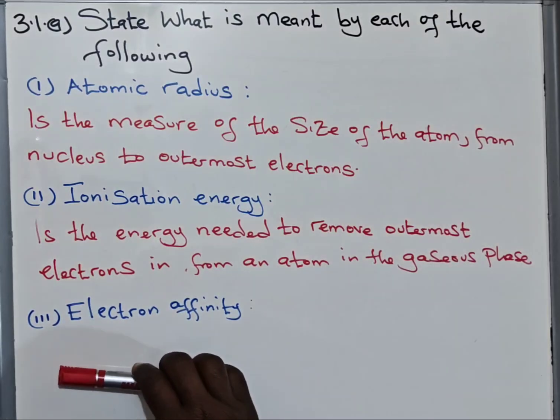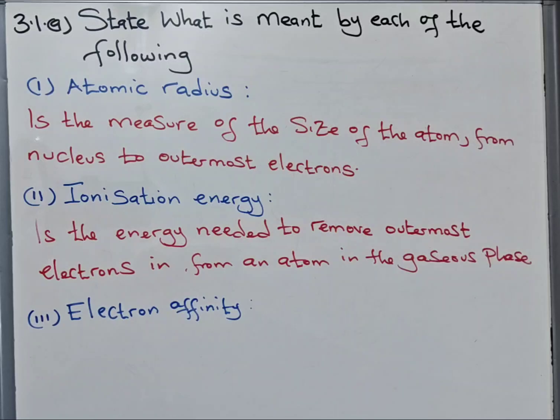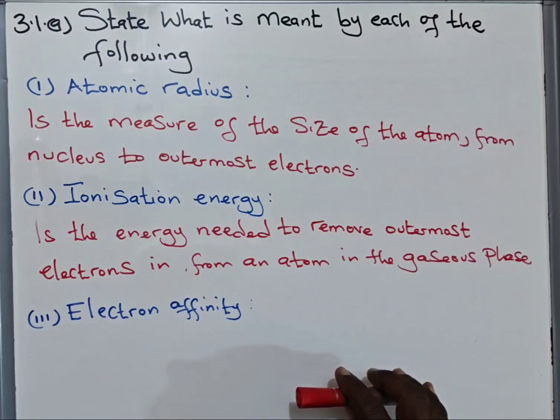Next is electron affinity. What is it? This is the energy released when an electron is added to an atom in gaseous phase.